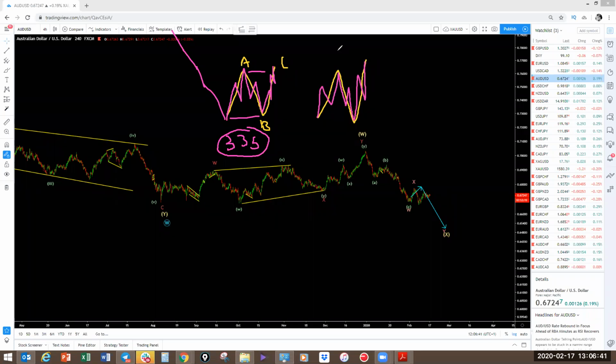Again, I don't decide. The structure tells me this is a 3-3-3 structure. That means it's 3 waves there, that's a W. It's 3 waves there, it's an X. It's 3 waves there, it's a Y. That's because of the internal structure. That is the characteristic of this one.